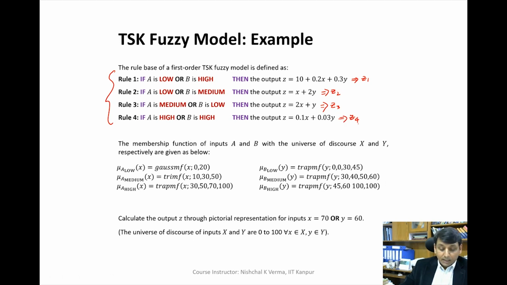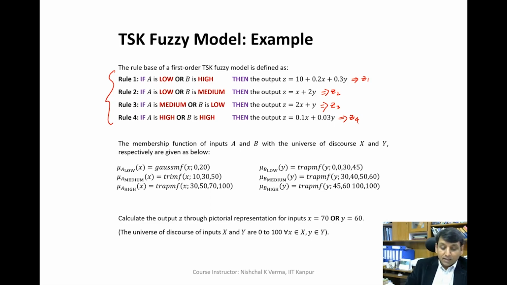So we have a TSK fuzzy model characterized by 4 rules, and every rule comes under the category of the first order TSK fuzzy model.